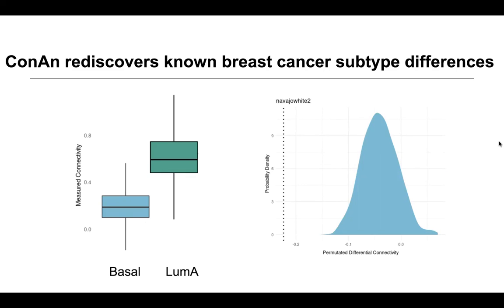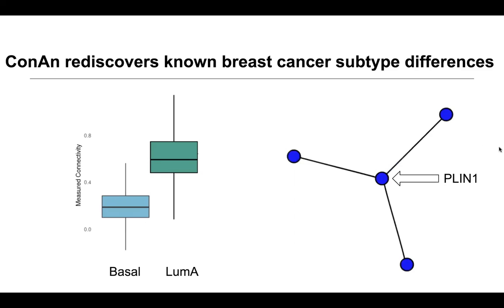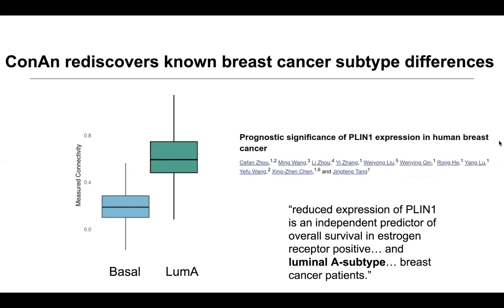And you can see the null distribution on the right-hand side, and that the true MDC value lies towards one extreme of the distribution. If we go on to the next slide, we'll see a visualization of the module. This module has as a hub gene PLIN1, which has been previously implicated in breast cancer mortality in both estrogen receptor positive and luminal A breast cancer subtypes.